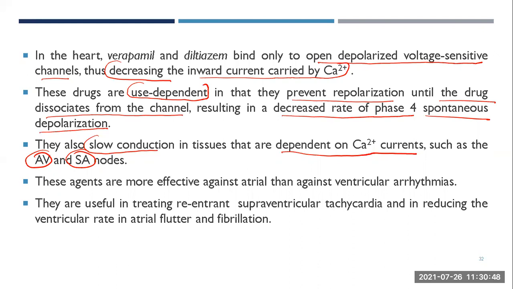So if we block the inward calcium currents, there will be decreased conduction through the AV and SA nodes.